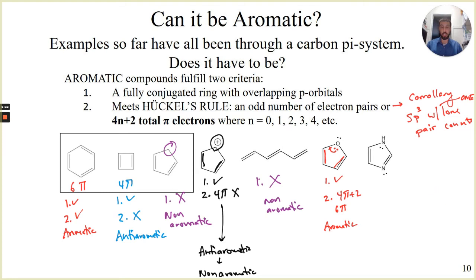Which would then take us to the next one. Okay, we've got cyclic, number 1. Okay, so cyclic satisfied. This lone pair could count in, so we do have that pi system. Okay, we counted out, well, that's 6 pi electrons.